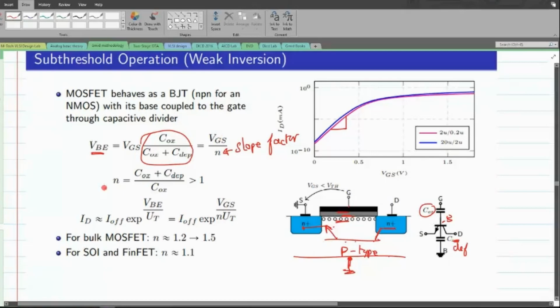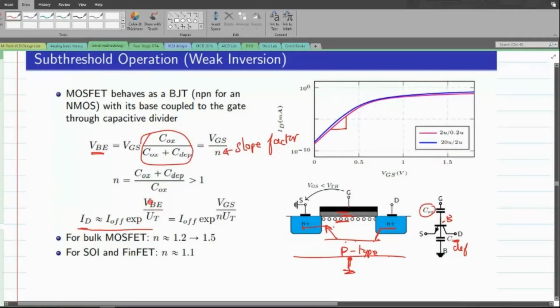In the same way that I wrote the collector current, I can write my drain current, approximately closer to the saturation current. In this case it is the off current, and it is exponentially related to VBE.